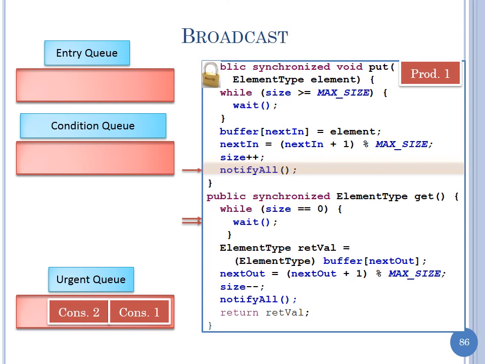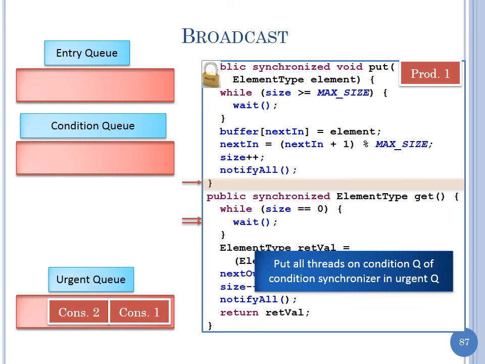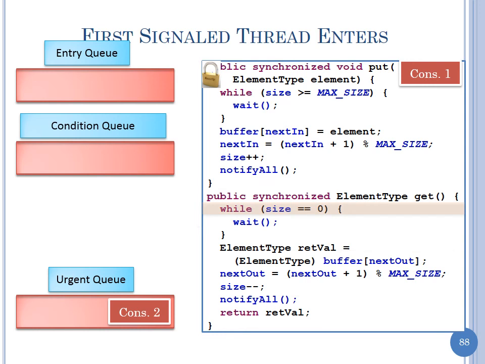Okay, so if my urgent queue has got consumer 1 and consumer 2, what happens with notify is that the urgent queue will now have all the signaled threads. Okay, and they will be ordered in the same order they were in the condition queue, and each of them will check their condition.